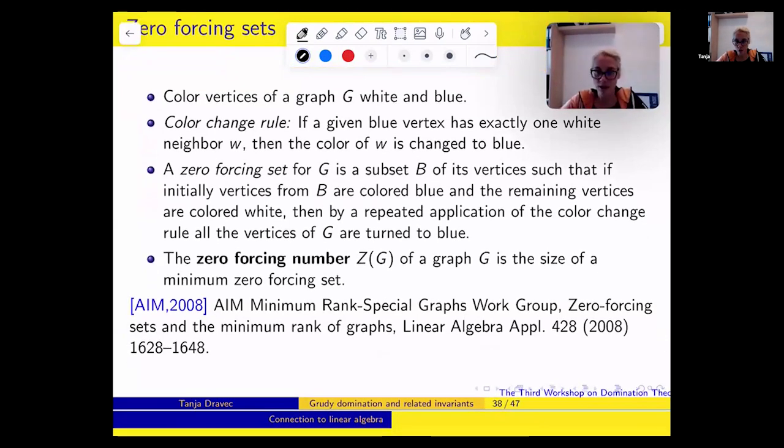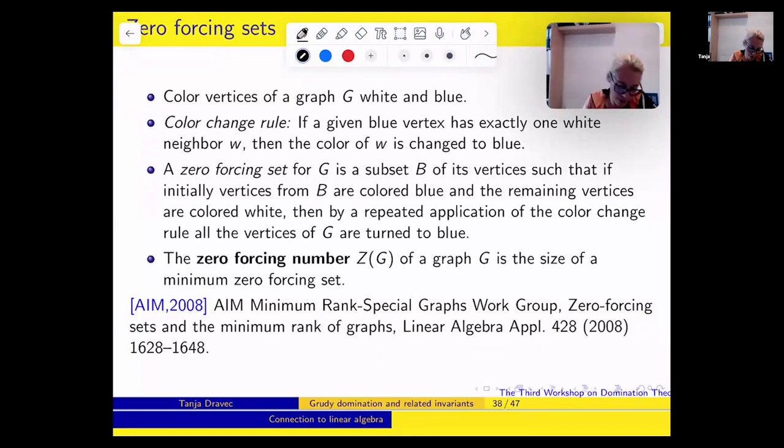So this zero forcing number was introduced in 2008 by a large group of people in some workshop. And it is quite a very popular topic in the last 15 years. So I checked.